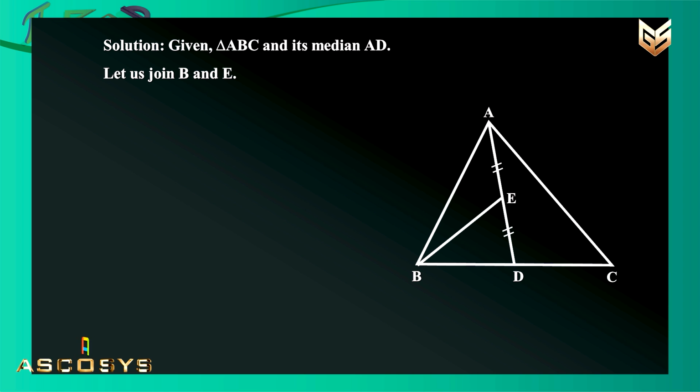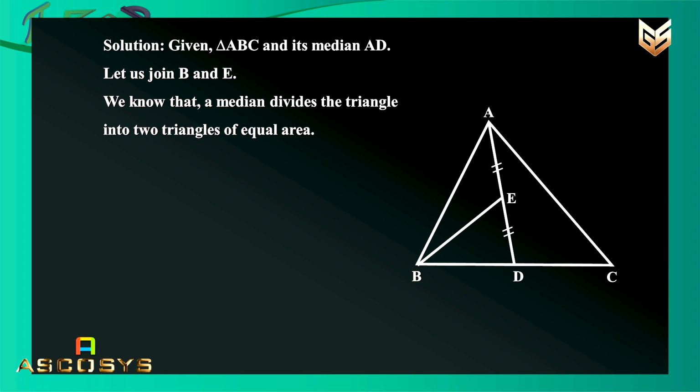Now here let us join point B and E. We know that a median divides the triangle into two triangles of equal areas. So we can write area of ABD is equal to half of the area of ABC. Let it be equation number 1.